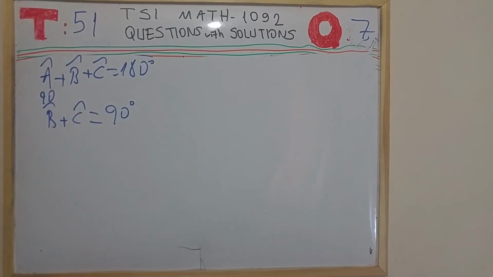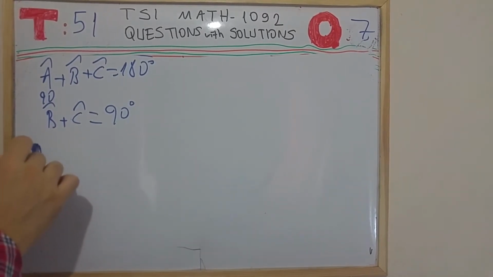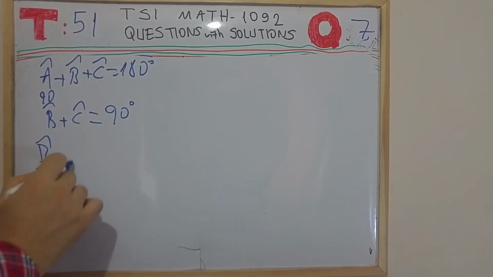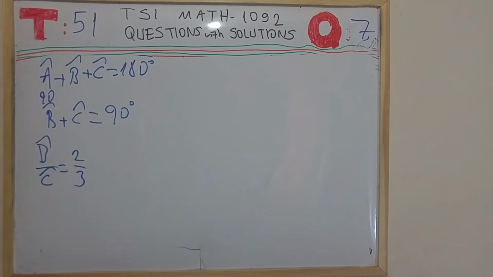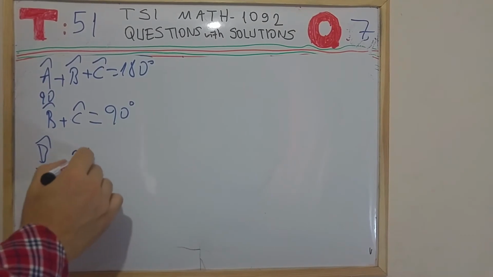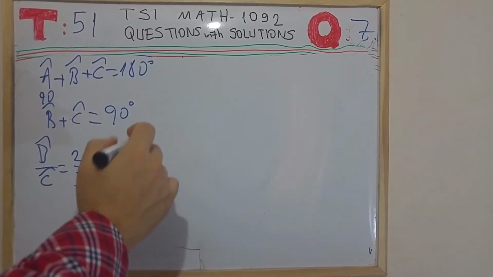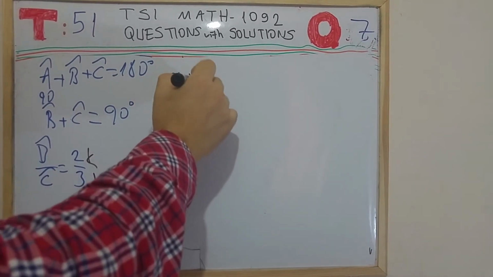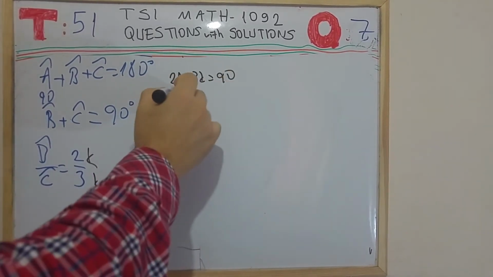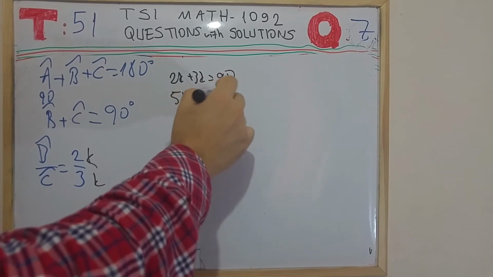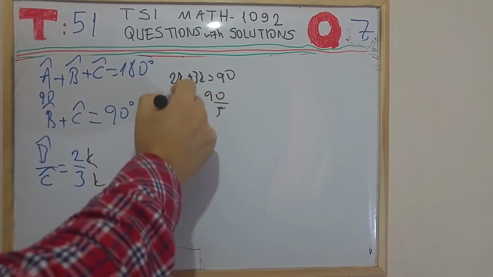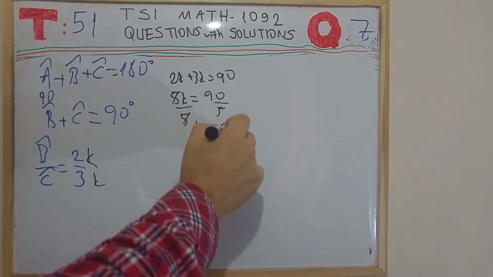The other thing that we know is that the ratio of these two angles, B to C, is equal to 2 to 3. So let's call these two angles 2k and 3k. Let's find these angles. 2k plus 3k is equal to 90, which makes 5k equal to 90, so k is equal to 18 degrees.